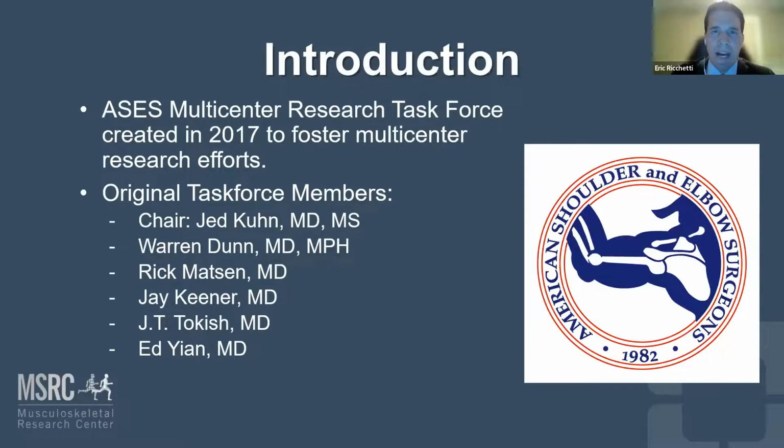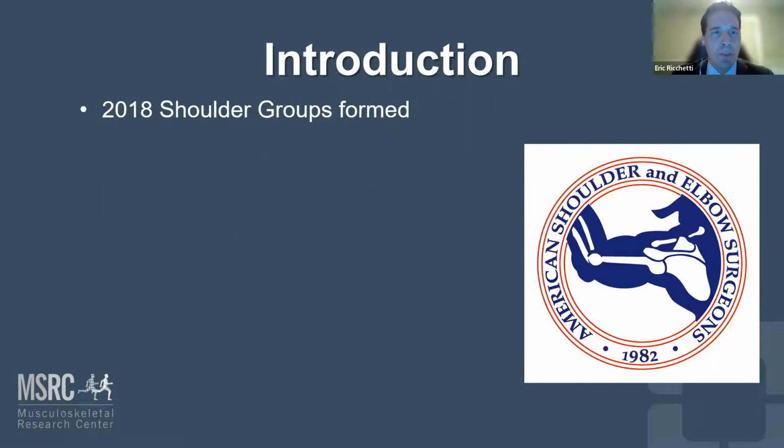As some background on how these groups formed, in 2017, the executive committee created the ASES Multi-Center Research Task Force to foster multi-center research efforts in the society. You can see the original task force members here, and Jed Kuhn was the chair. Through their work, the groups were developed.